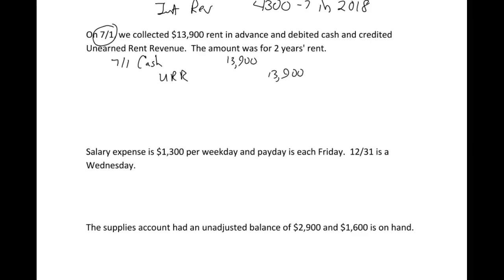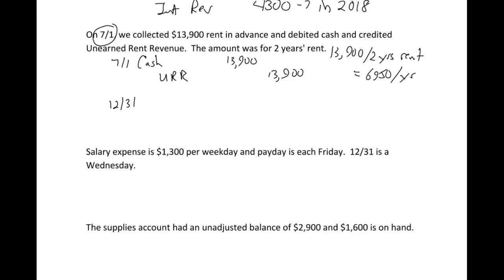What we want to do here is have the adjusting journal entry on 12/31. Let's walk through it. It's $13,900 and it's for 2 years of rent, so that equals $6,950 per year.